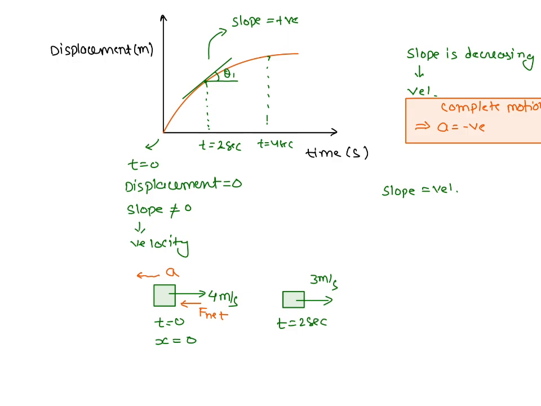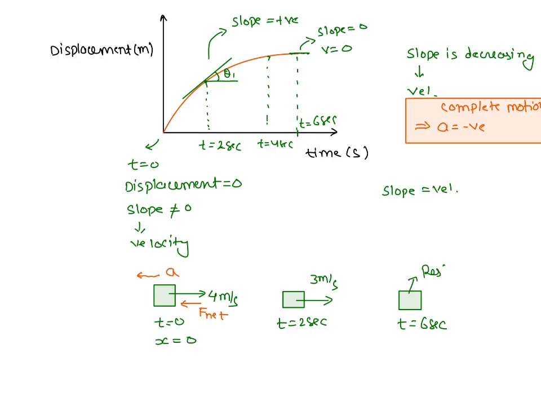And let us check this point, that is at t equal to 6 seconds. I'm assuming this to be 6 seconds. I know here slope is 0. And if slope is 0, it implies velocity is 0. That means at t equal to 6 seconds, the particle's velocity becomes 0.